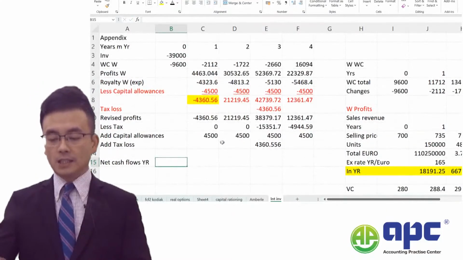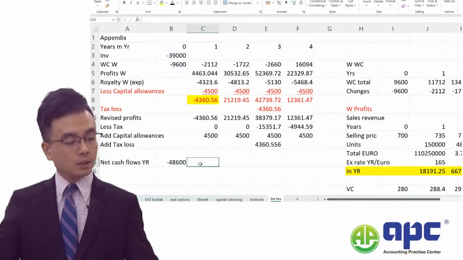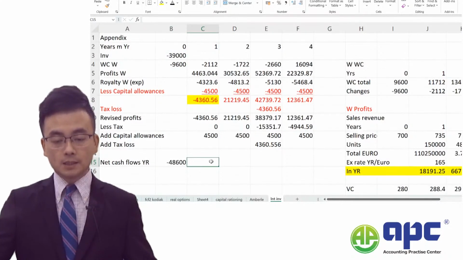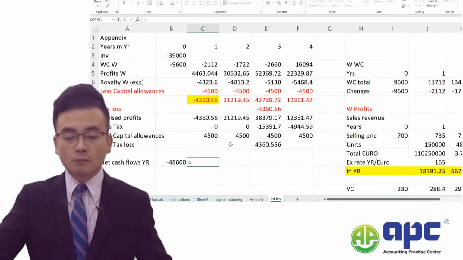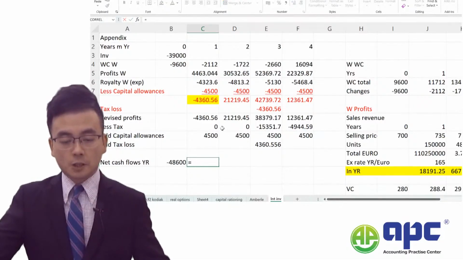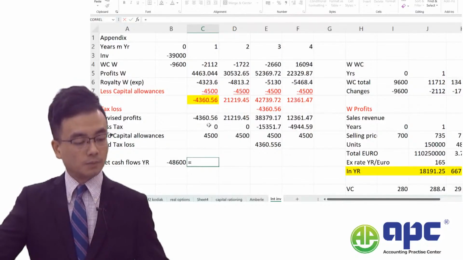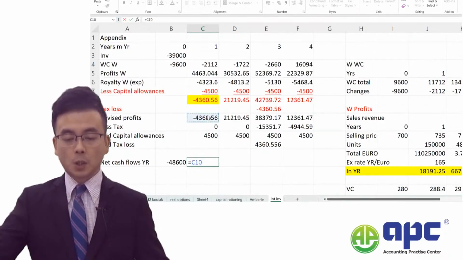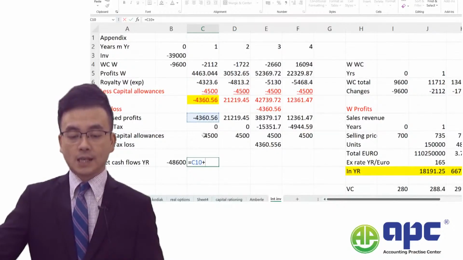Firstly, in year 0, if we sum these two, that will be 48,600. How about in year 1? Now, we do it separately. Firstly, we've got the profit and paying taxes and so on. So firstly we have the revised profit, then paying no taxes, and adding back.